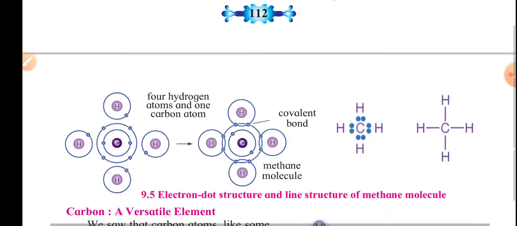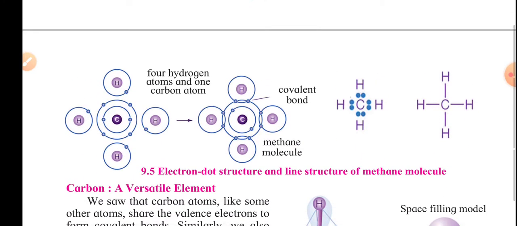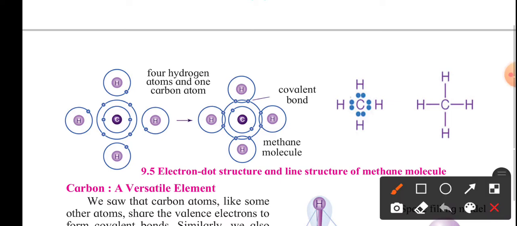Further, under this chapter, we have the structure of methane. The central atom is carbon, and there are 4 hydrogens. Each hydrogen shares 1 electron with the carbon atom.